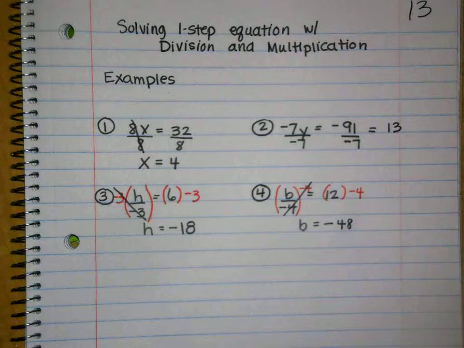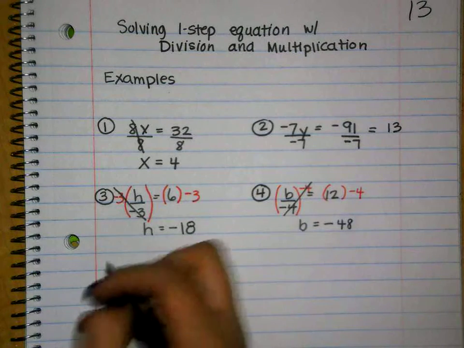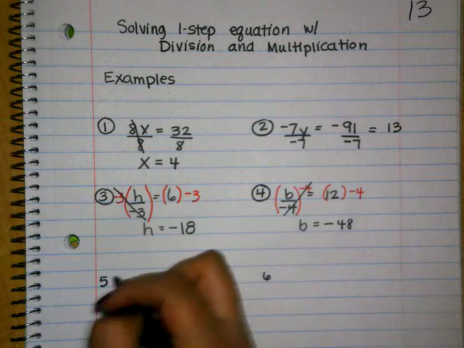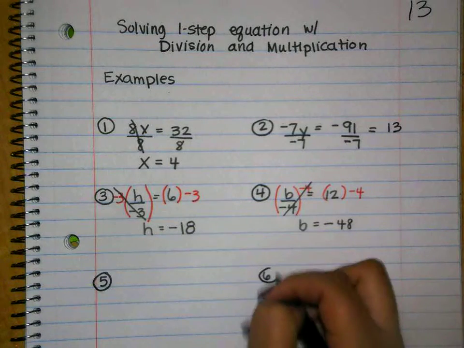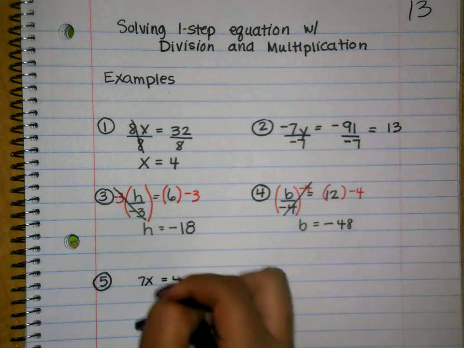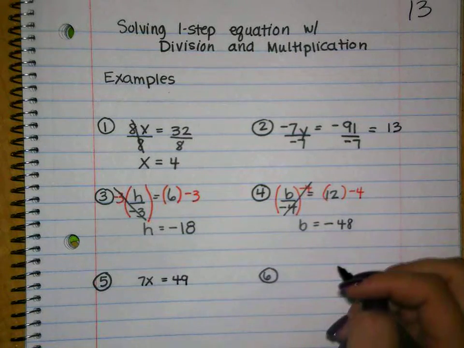Okay, so let's go ahead and do a few more to help you make sure we got this. So this is 5. We'll do 5 and 6 for sure. Let's do 7x is equal to 49 for 5.